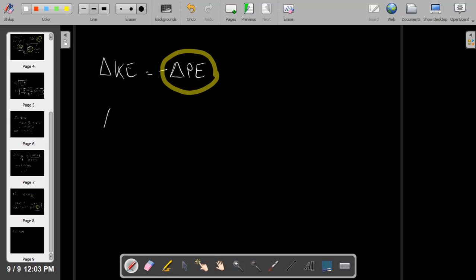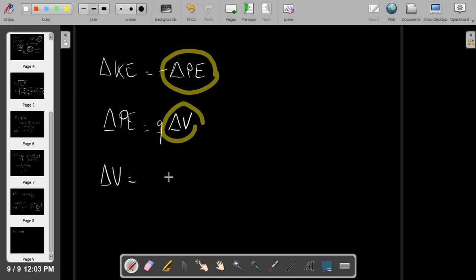We know that the change in potential energy equals our movable charge times our change in electrical potential. Well, we're still missing something. We do have the movable charge, that's your electron, but we don't have the change in electrical potential. We can find it. How?